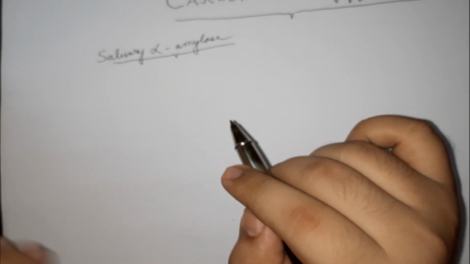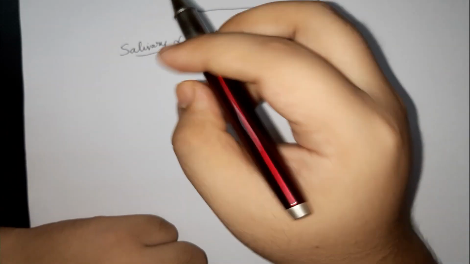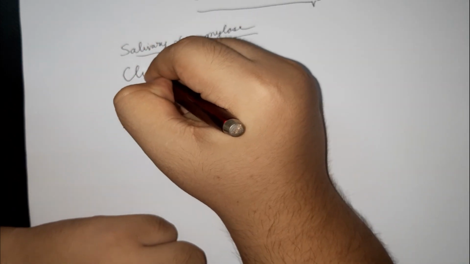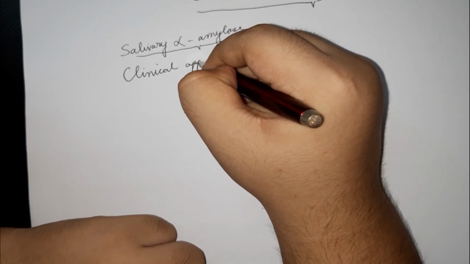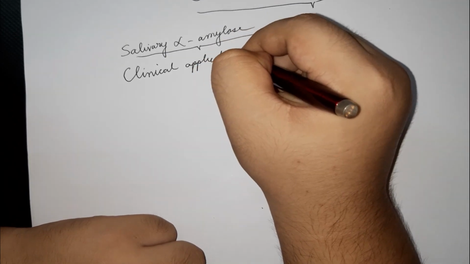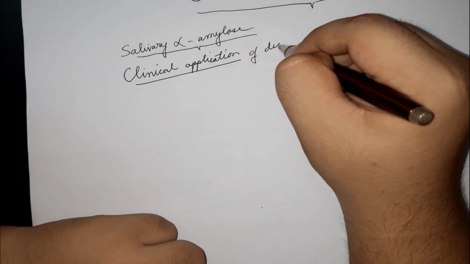I want to dedicate more time to the more important things. But one thing I'll tell about the digestion part that is pertaining to the clinical application of digestion of carbohydrates, that is important. So let's talk about the clinical or the applied part of the digestion.